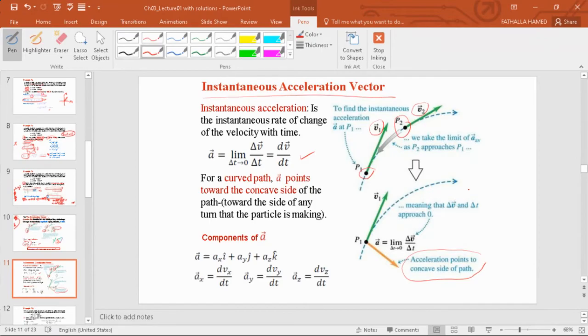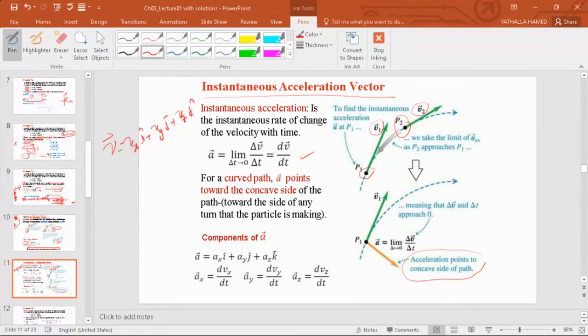Now, when we dealt with the instantaneous acceleration vector, we said it's dv by dt. And v, of course, has an x component, y component, and z component. So your v as a vector has vx i hat plus vy j hat plus vz k hat.